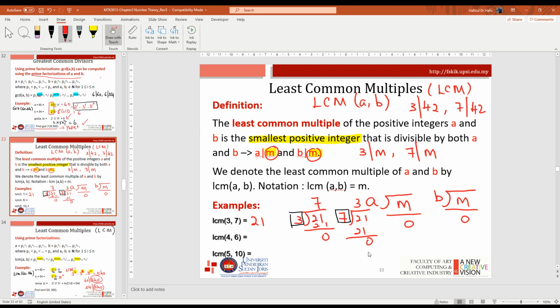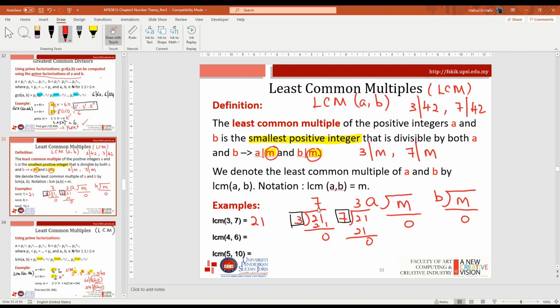Okay, for the least common multiple, of positive integers A and B, it is the smallest positive integer that can be divisible by both A and B. Okay, for example, we have 3, 21.